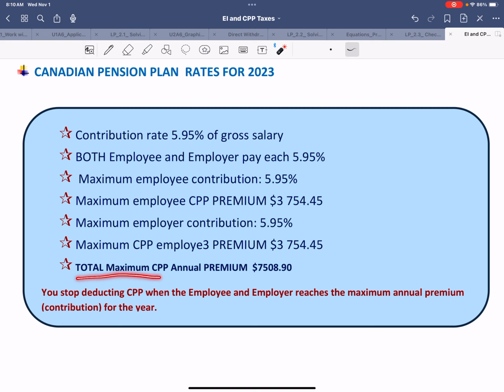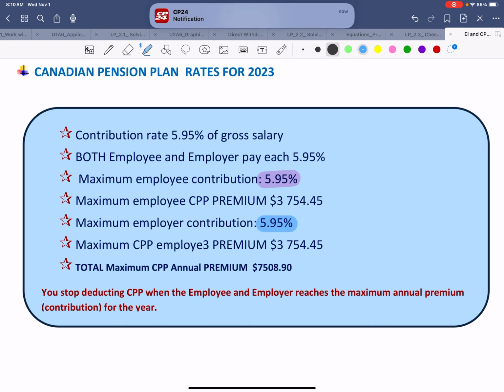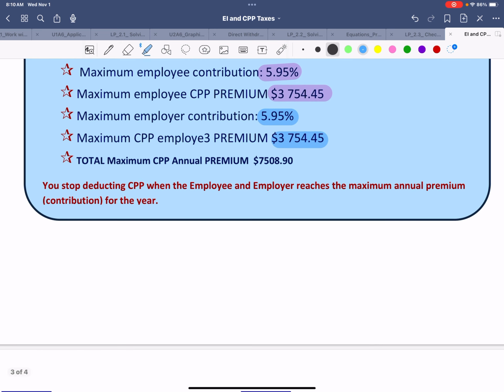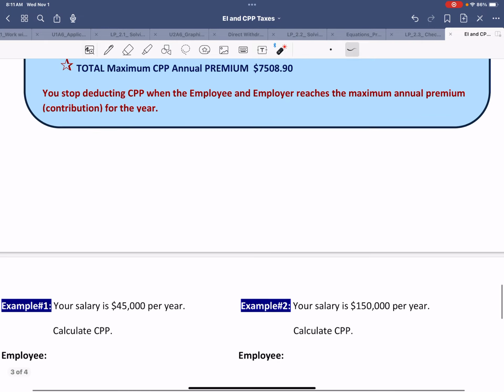That means that the total maximum CPP annual premium is the sum of whatever the maximum of the employee is plus whatever the maximum of the employer is, which means that we're adding here $3,754.45 to $3,754.45. So you stop paying CPP when the employee and employer reach the maximum of the premium contributions.